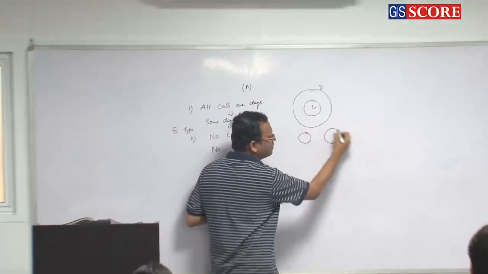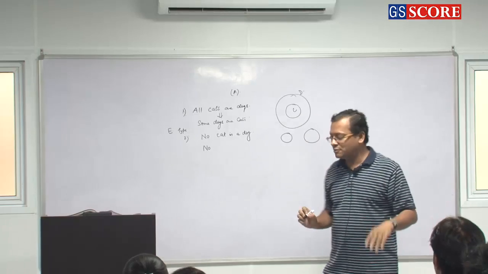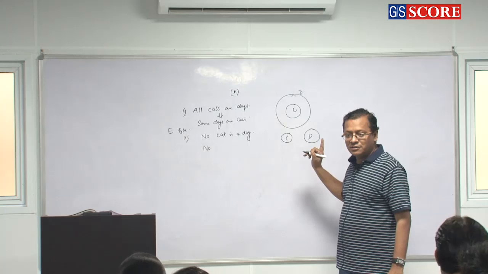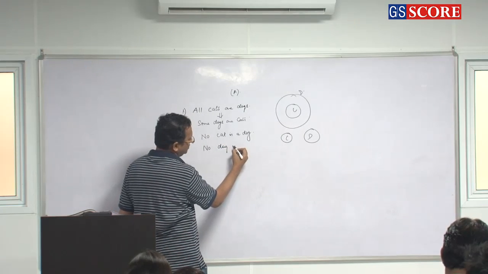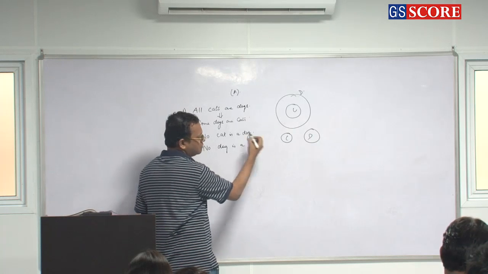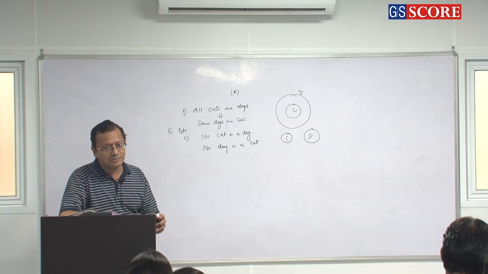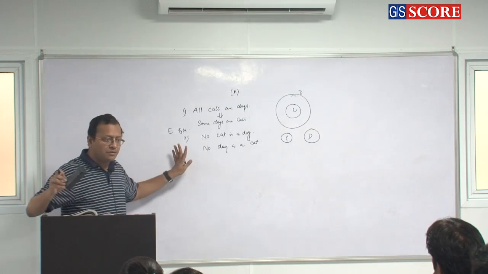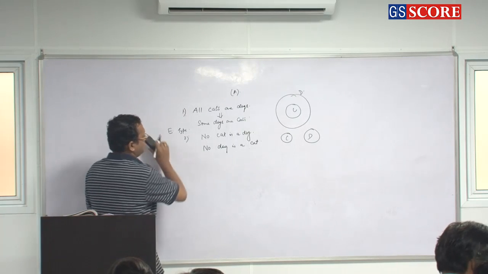So cat and dog are completely different. Cat and dog will not touch each other. So if no cat is a dog, no dog is a cat. So the conclusion that follows is no dog is a cat. Clear or not? Right? Can I rub these two? Have you written everybody? Okay.